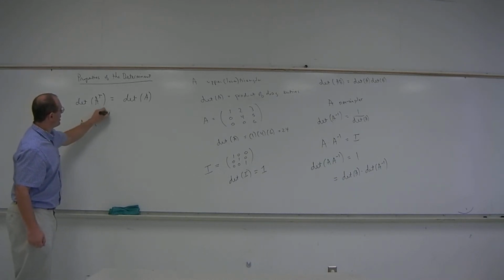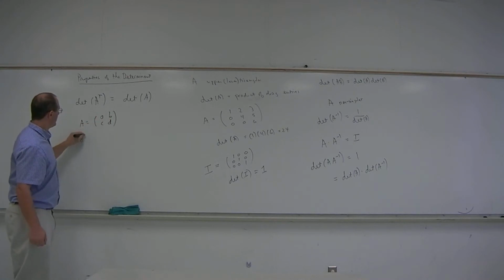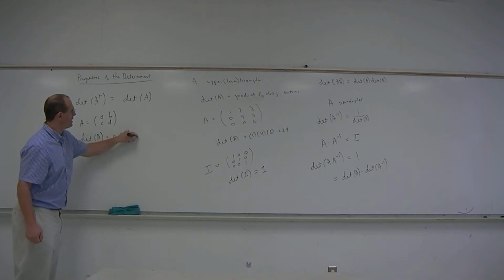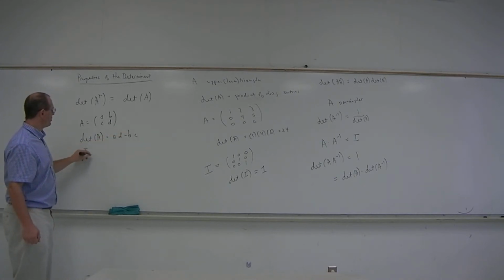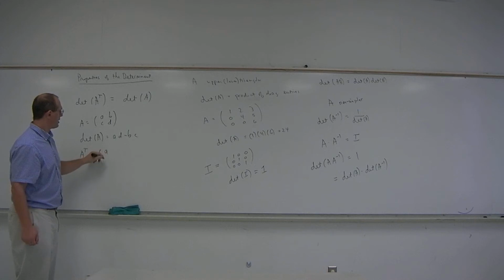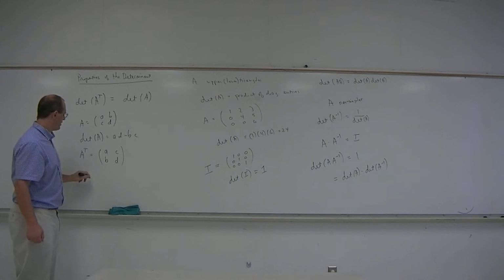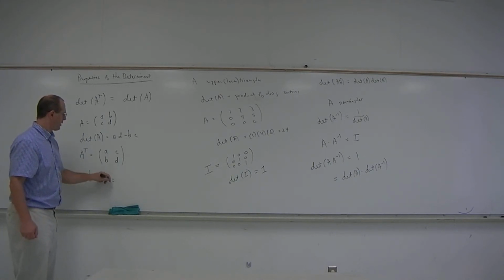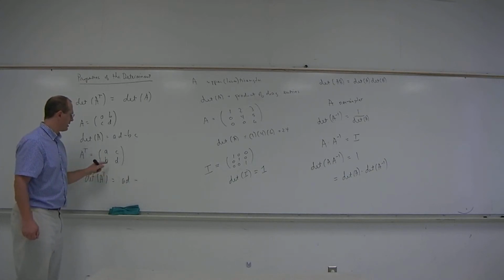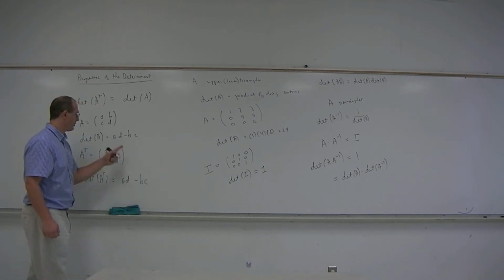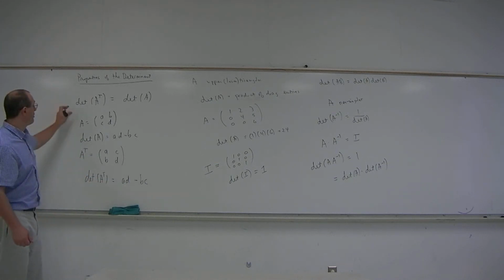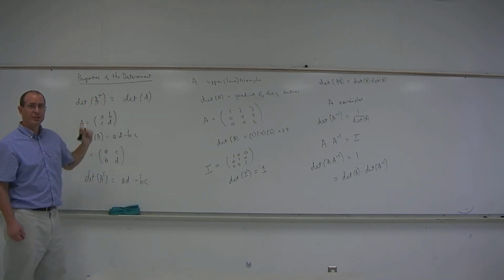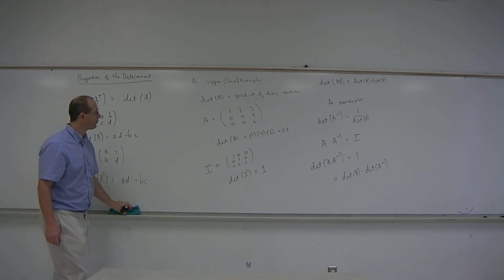If A is A, B, C, D, then the determinant of A is AD minus BC. And if you look at A transpose, that would be A, B written down as a column and C, D as the other column. The determinant of A transpose is AD minus BC. So they're exactly the same. The determinant of the transpose is equal to the determinant of the original matrix.